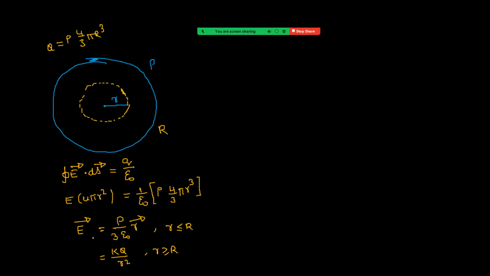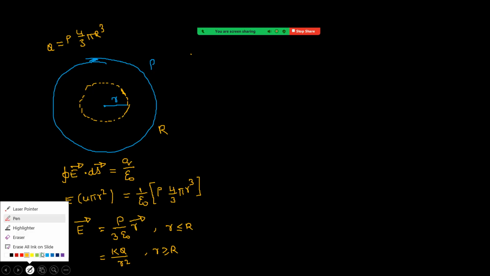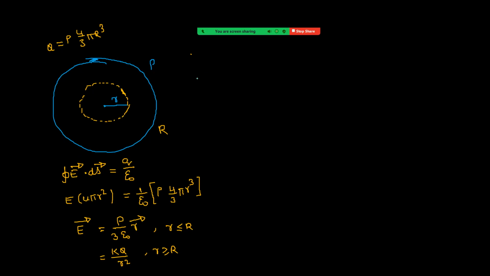Now let us focus on the graph between E and the distance from the center. Let us plot the graph, with the strength of the electric field, taking the modulus value, against distance. At r equal to 0, the field is 0.